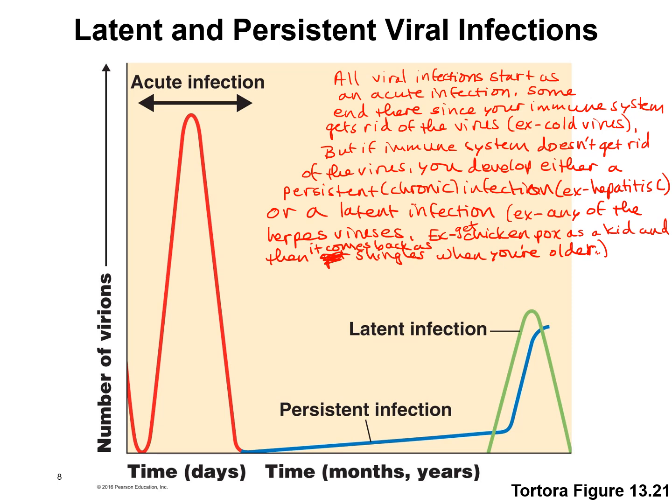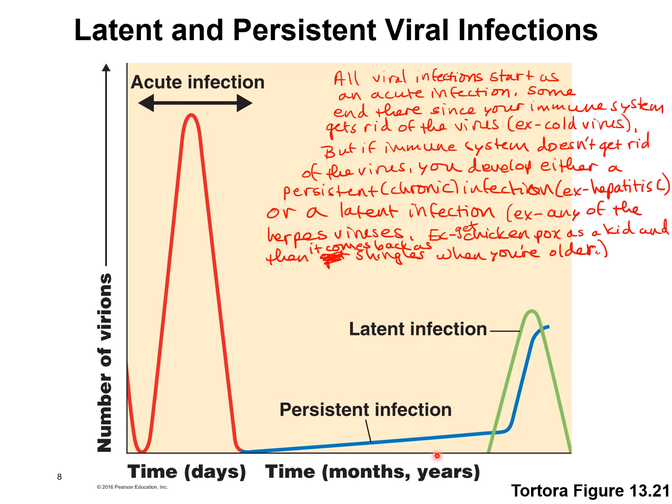But if you get infected with maybe chickenpox, one of our herpes viruses, the varicella zoster virus, you do start off with the acute infection, so you get the chickenpox. But then your immune system will get rid of the chickenpox, but some of the varicella zoster virus will hide out in some of those sensory neurons.